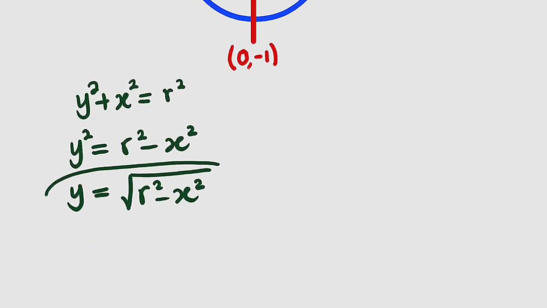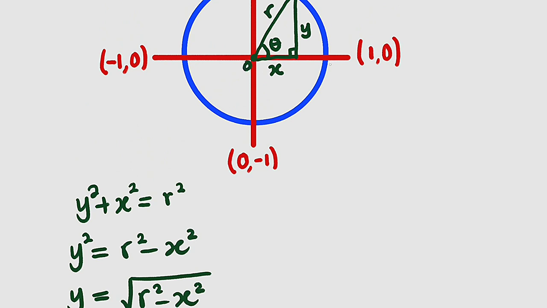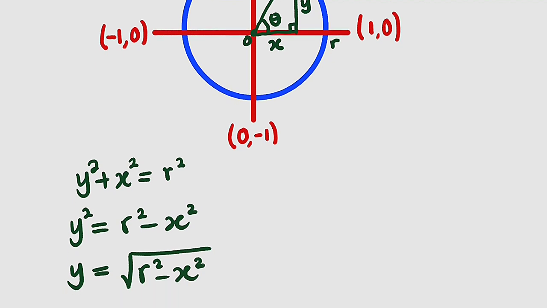So this is the function we need to integrate from where to where? From the origin to this part of the circumference, which is the radius, because from the origin to this part is the radius. So this is what we need to integrate to get the area of that sector.